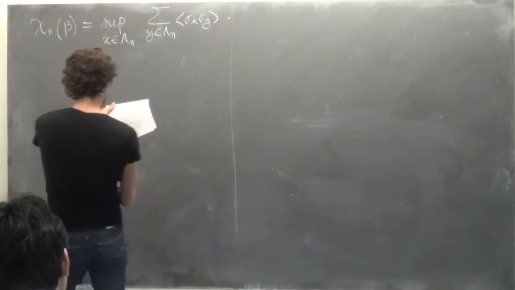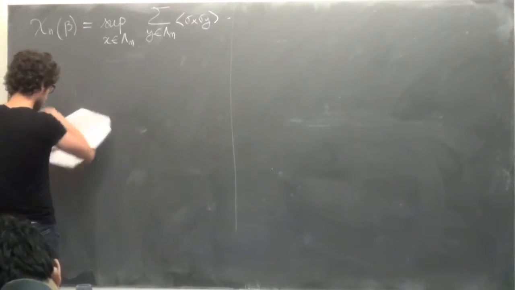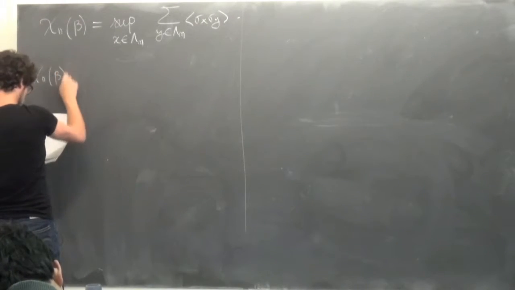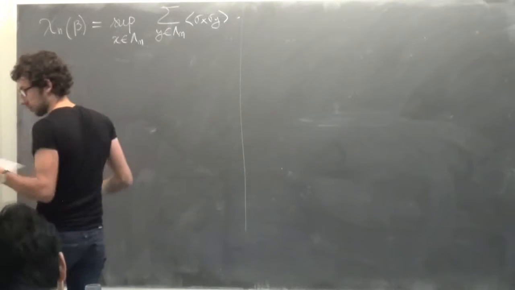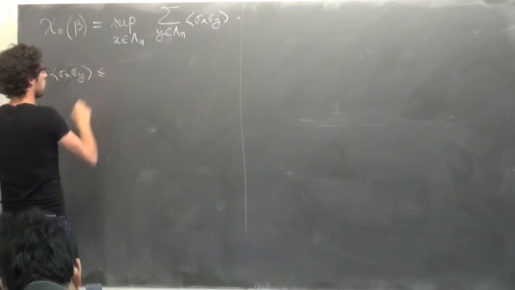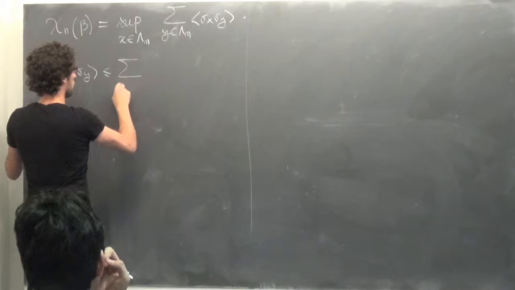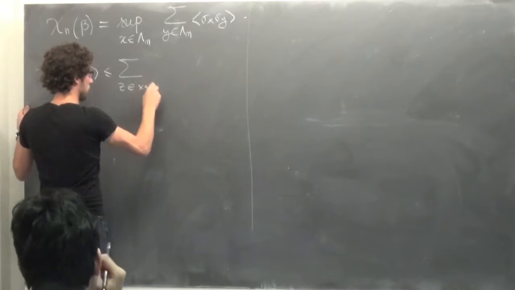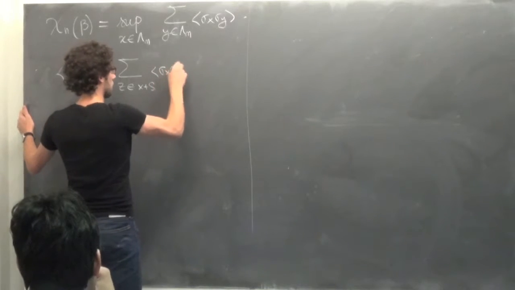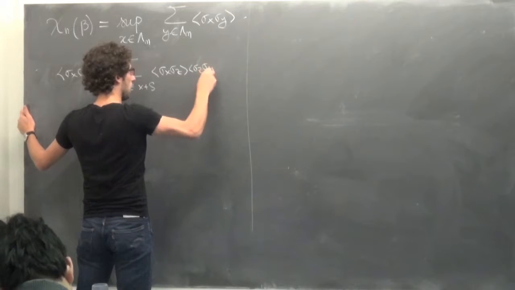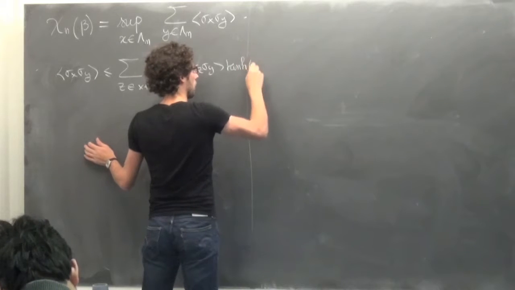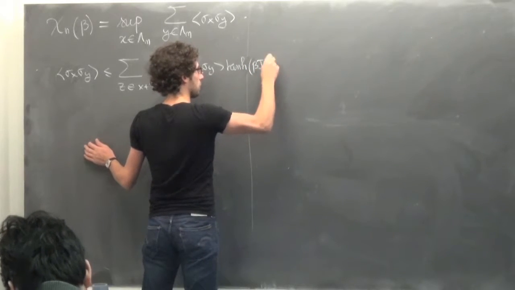So what I'm going to do, I'm going to say, okay, for chi_n of beta, this <sigma_x sigma_y> is smaller or equal to the sum for z in x plus S, so in the translate of S, of <sigma_x sigma_z><sigma_z sigma_y>, and I get here a hyperbolic tangent of beta J_yz.